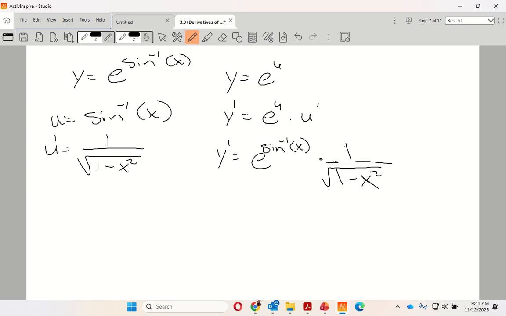You can combine it and just put e to the arc sine x like that. Are we supposed to do the ln thing? Nope. The derivative of e to the x is e to the x. ln is something else. That has to do with the log.